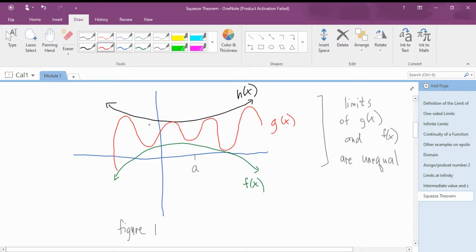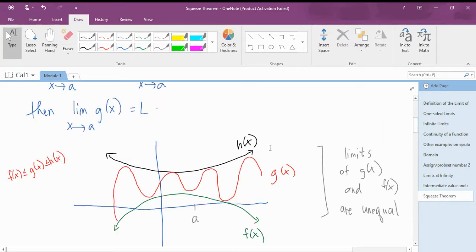And the topmost is h of x. This is what we mean by f of x is less than or equal to g of x is less than or equal to h of x. This is our first condition. But in this figure, obviously, the limits of g of x, f of x, and h of x are all unequal. Okay.